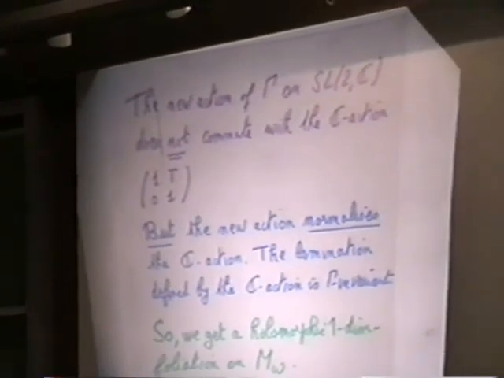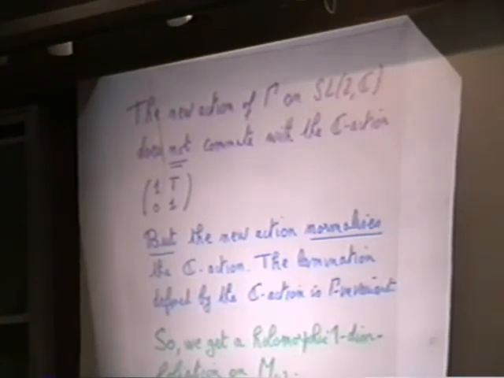However, this new action normalizes it. In other words, if you let gamma act in the new way I described, it is not commuting with the C action, but it is sending C orbits to C orbits.